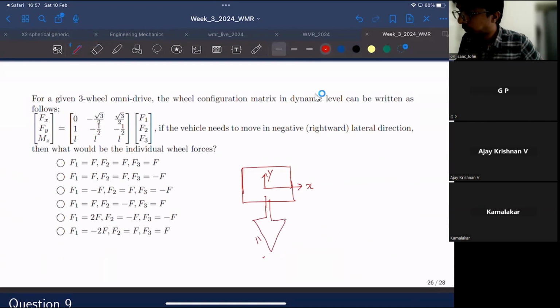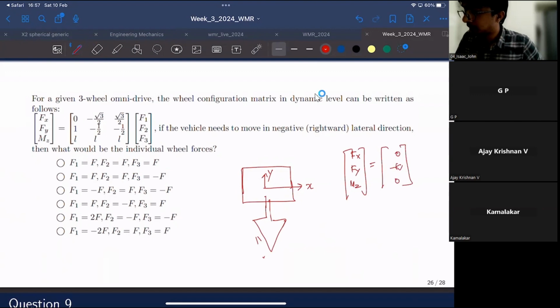If that is the case, then how should this Fx, Fy, Mz vector look like? It should look like 0, minus k, 0, right? So 0 along the Fx axis, 0 along the z axis, and minus k along the Fy axis.